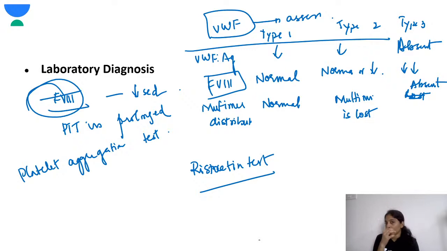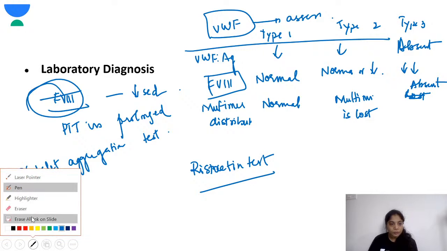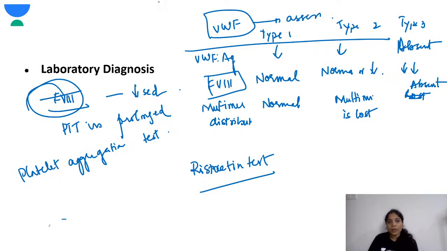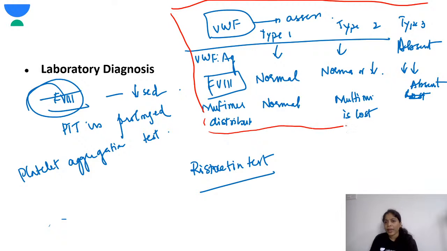The main thing you should know is this small chart. Forget about the von Willebrand factor antigen and all that. What is the factor 8 level in all three types of von Willebrand disease, and the multimer distribution? This is very simple.